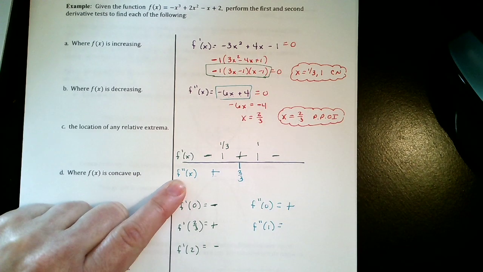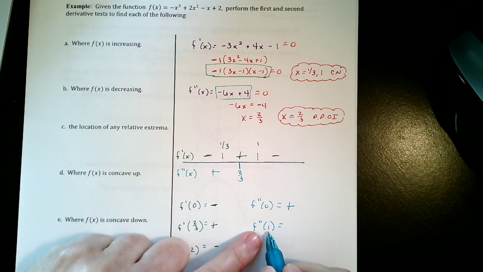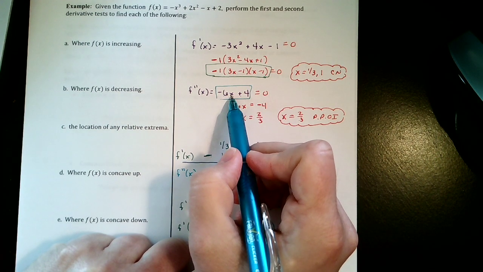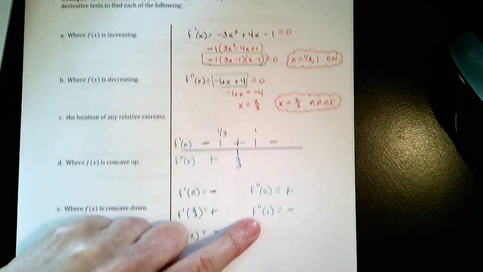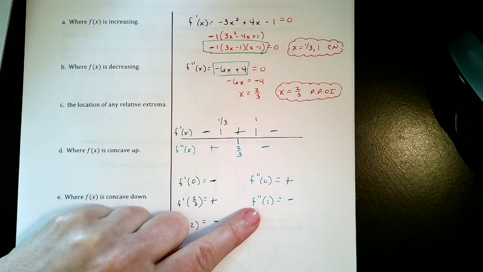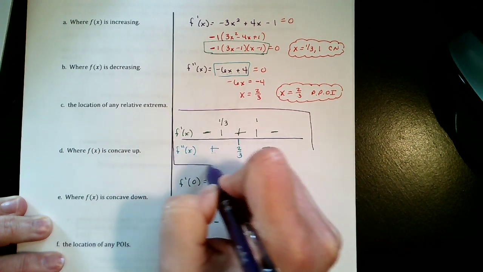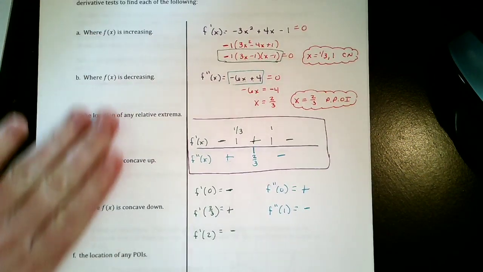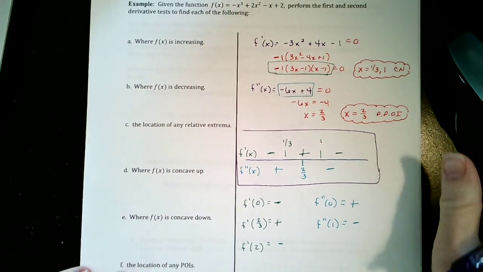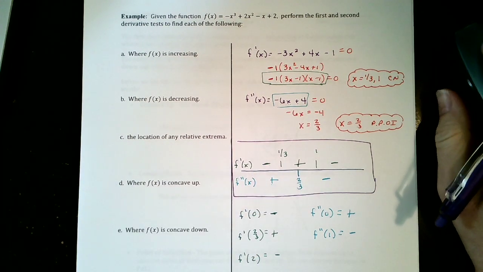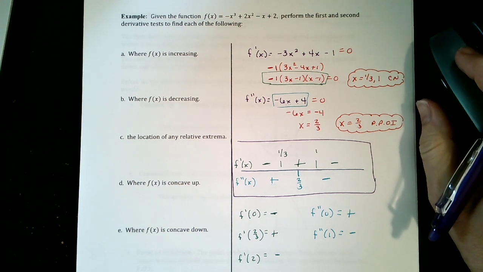So I put plus signs here. And then if I plug 1 in, negative 6 times 1 is negative 6 plus 4, which is a negative number. So I can put a negative number there. And now I can use my number line to analyze and answer all the questions over here to the left. So see if you can figure out what all of these signs mean, and when you come back, I'll have the answers.